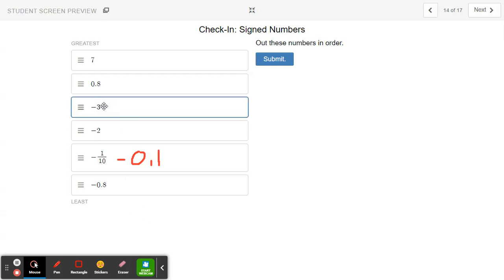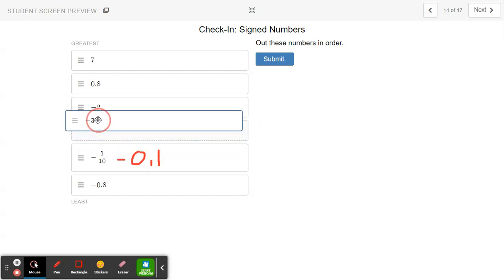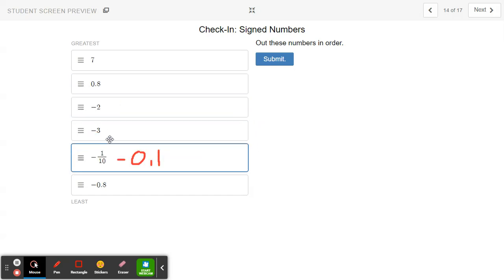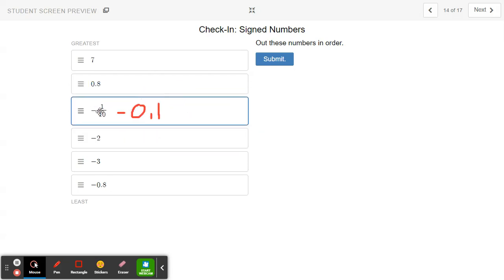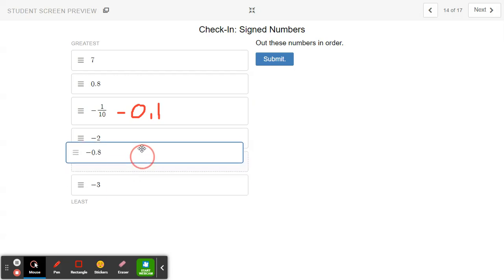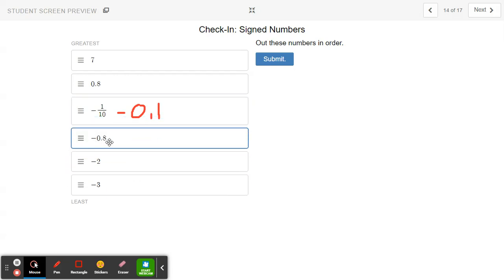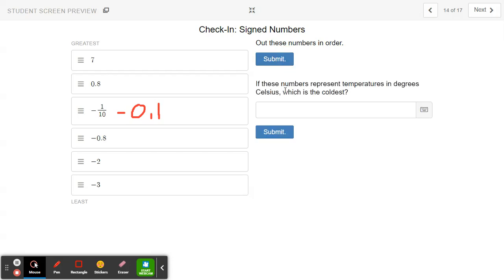Well, -3 I know is further than -2, right? Once I get to the negatives, we start counting up in a weird way. So -2, -3. -1/10 is actually in between 0 and -2, right? And then these are the two difficult ones. So again, -0.8. If it was positives, 8/10 is more than 1/10, but these are negatives. So the -0.8 is actually between 1/10, 0.1, and -2. So that should be it.